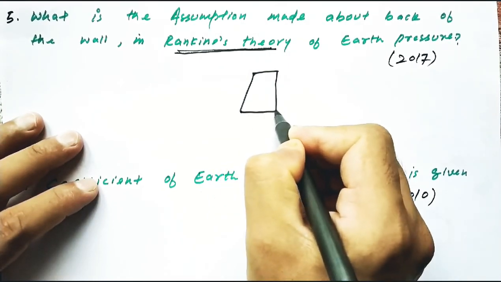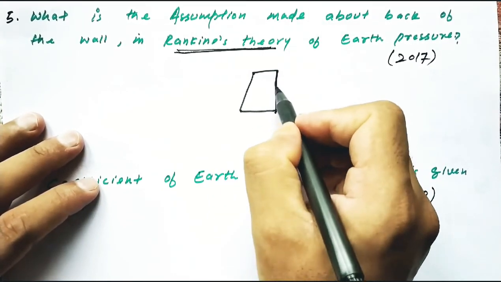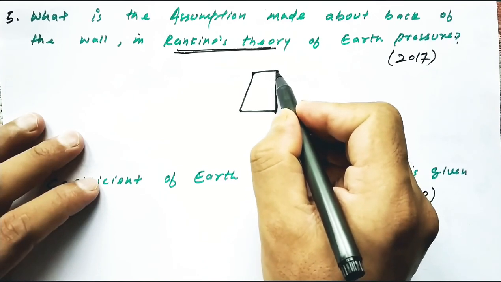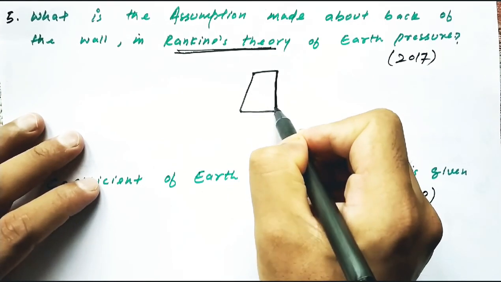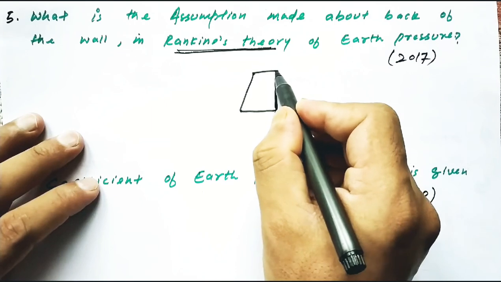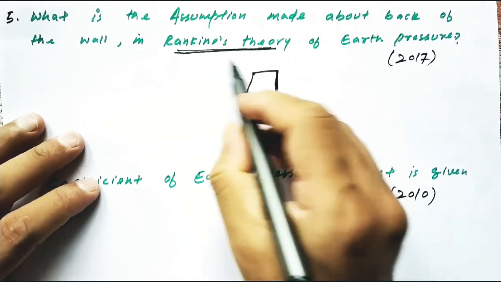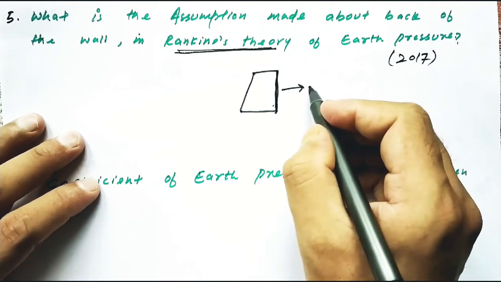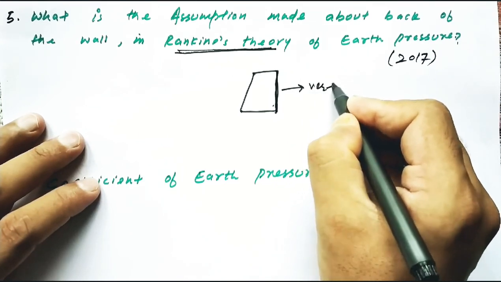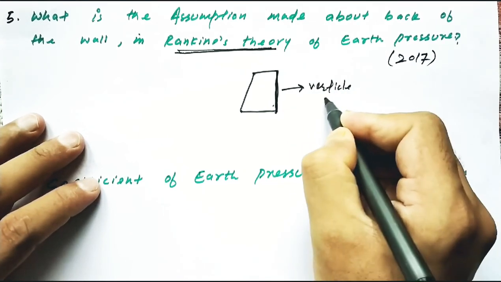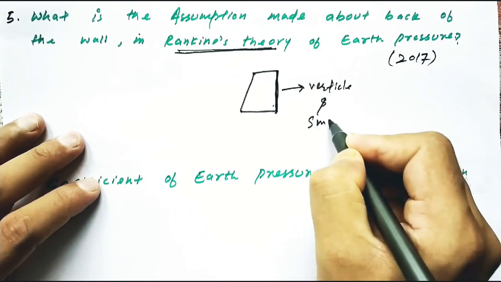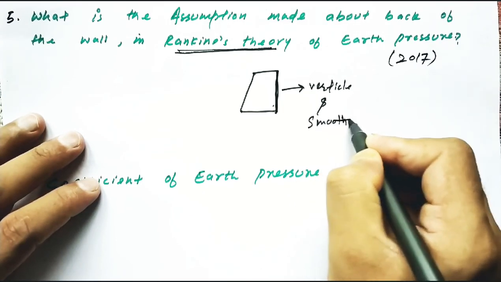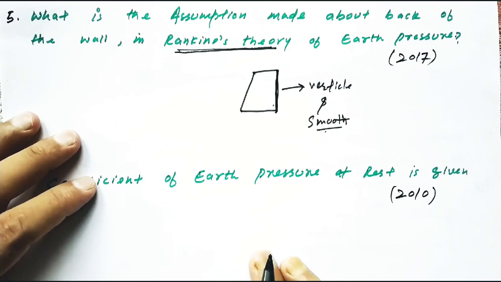Now the question says about the back of the wall. Suppose this is a retaining wall and this is the back. So this back is vertical. According to Rankine theory, it should be vertical and it should be smooth. So the correct option is vertical and smooth. Okay, so this is the correct option for this question.